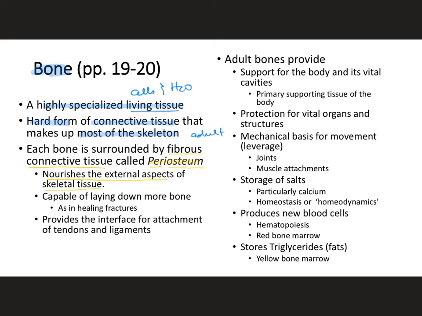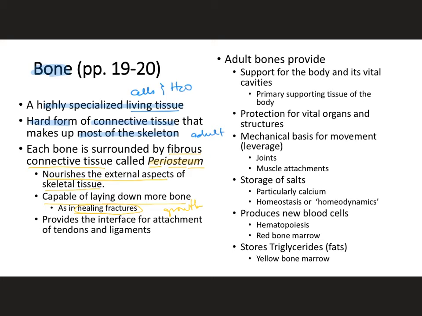And we'll talk in another section on how the cells deeper are going to get it. The periosteum has cells that make it capable of laying down more bone, so it's included in growth and in the healing of fractures.